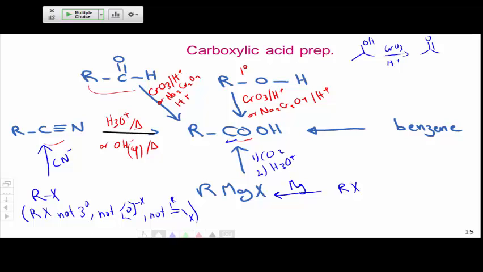Now, benzene to carboxylic acid, it's more specific. I mean that from benzene to benzoic acid, I can do that by Grignard. So, taking this to the Br, add to that magnesium as a first step, CO2 as a second step, and H3O+ as a third.